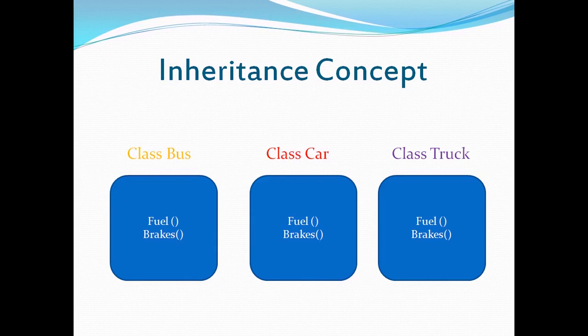We can see that the process results in duplication of the same code three times. This increases the chance of error and data duplication. To avoid this type of situation, inheritance is used. If we create a class vehicle and write these two functions in it, and inherit the rest of the classes from the vehicle class, then we can simply avoid the duplication of data and increase reusability.